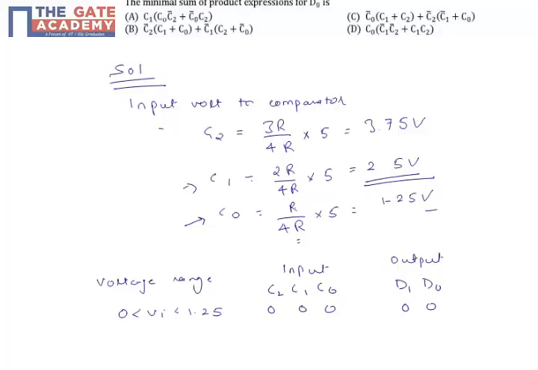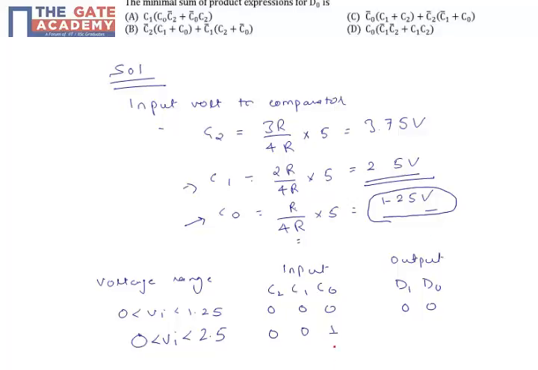For the next condition, that is our input from 1.25 to 2.5 volt, our inputs C0, C1 and C2 are equal to 1, 0, 0, because only comparator C0 is going to give a positive output and C1 and C2 are giving 0, because at this condition only our input voltage is greater than the reference voltage at the comparator C0.